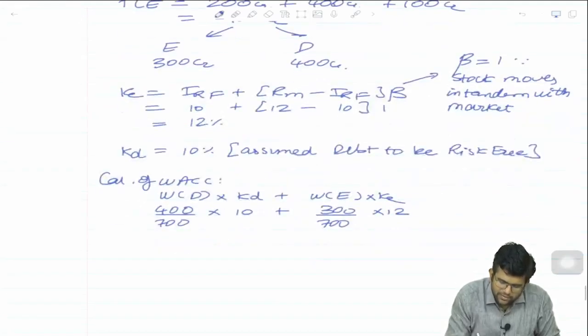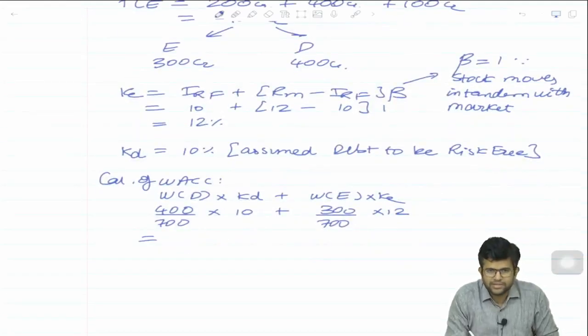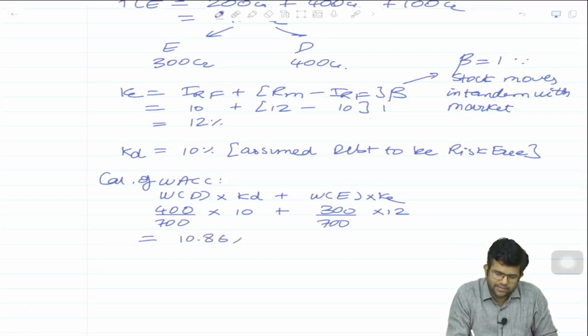Get me this number. WACC is 10.86%. Just check the number once: 4 by 7 into 10 plus 3 by 7 into 12.